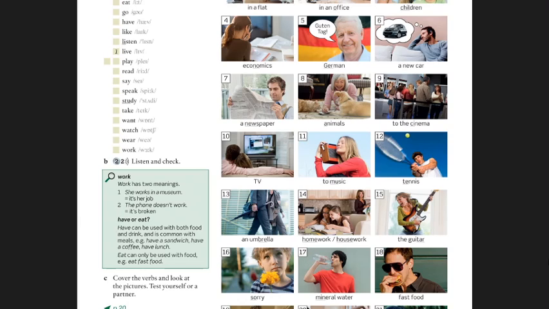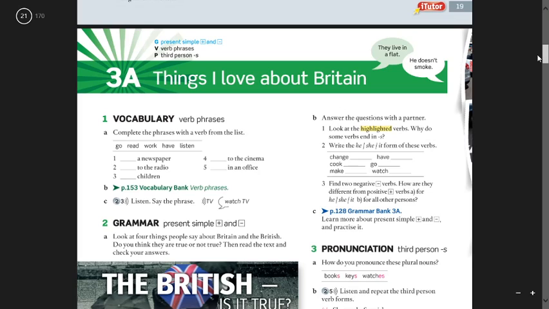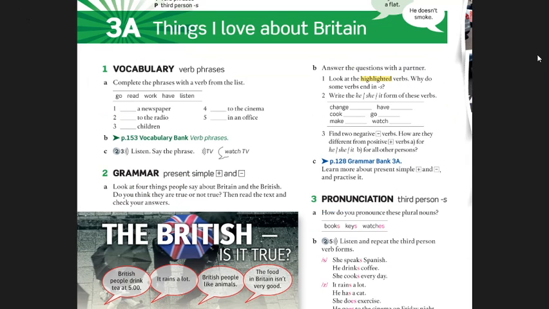Very good. Well, let's go back to the student's book, page 21, I think. Okay, and then you are going to listen to a word and you have to say the complete phrase. For example, TV, watch TV, okay?